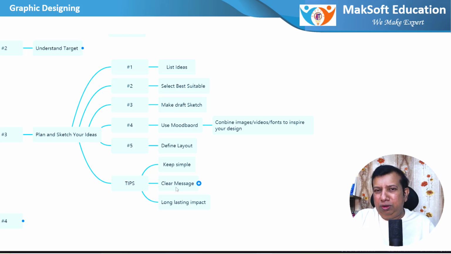Your design should be simple, but you need to convey your clear message to society through your visuals. That is very important. And while doing all those things, you have to think that it will create a long lasting impact. So these 3 tips you have to think about for all these 5 points: while generating ideas, while selecting ideas, while making a draft sketch, while collecting visuals, and while making a layout.